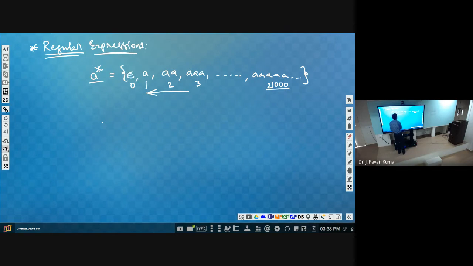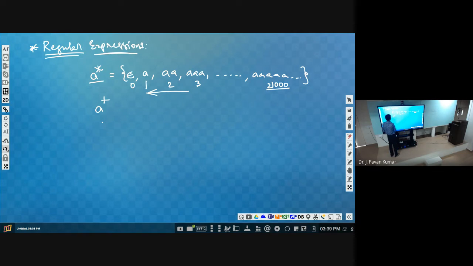So A star will include epsilon. Epsilon is nothing but empty. Okay, epsilon, then A, double A, triple A, like this. Any number of A's we can have. These all will be included in A star.